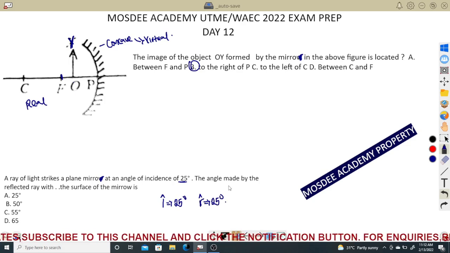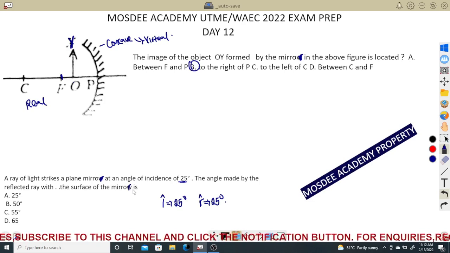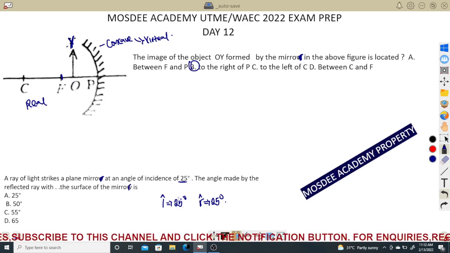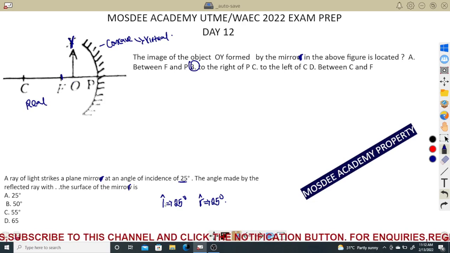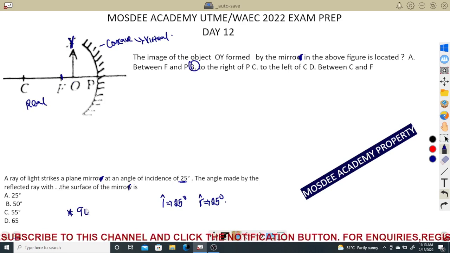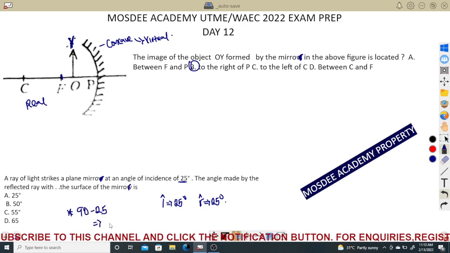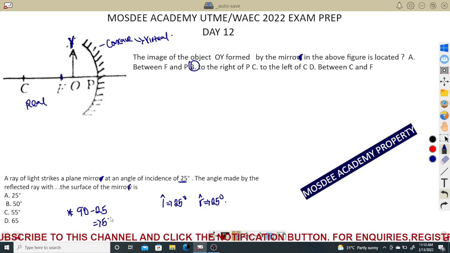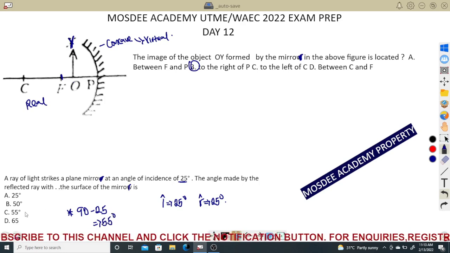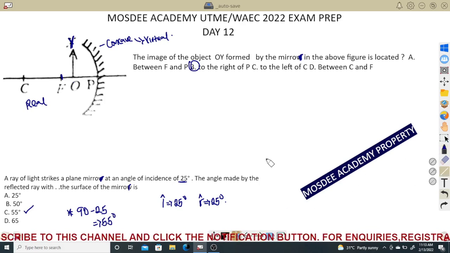The angle made by the reflected ray with the surface of the mirror, that is the angle between the reflected ray and the mirror, should be 90 minus 25. I don't think that one is a question you should be solving, but at least if you don't know it, you have to explain it. So I think this is 55 degrees, because we said normal is always perpendicular to the surface.